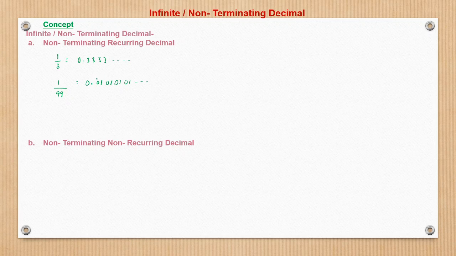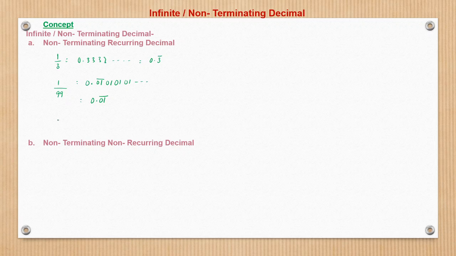Second, 0 1 is repeating. So this we can write as 0.01 bar. This bar over 0 1 represents a repeating, recurring decimal, wherein 0 1 would be repeating infinitely. Here we could have written 0.3 bar, right?